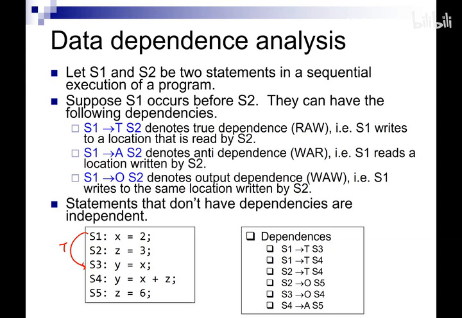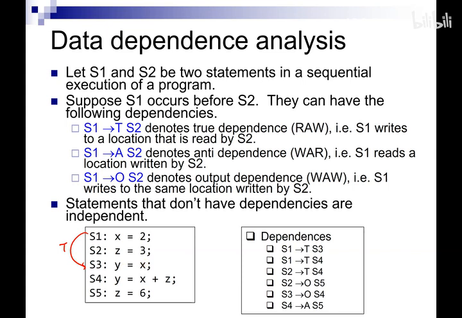This is a true dependence because we first write to the value of X. We write 2 to X, and then later S3 is going to read X. So that's a read after write.